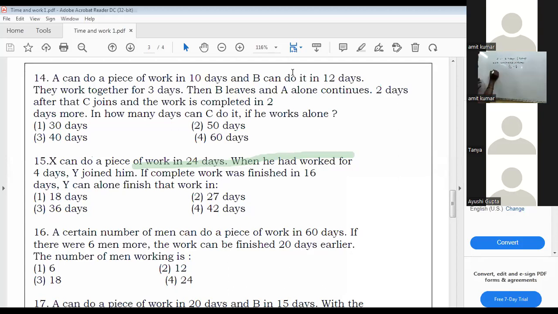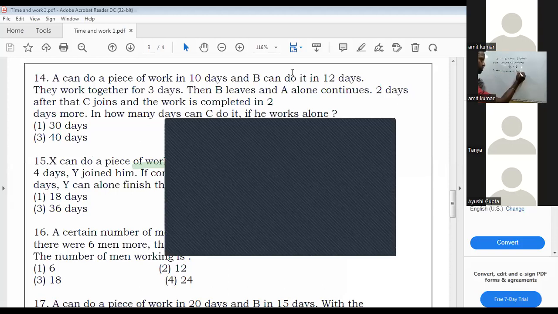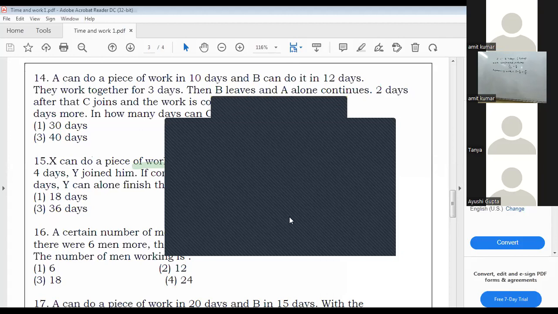The remaining work will always be 1 minus 1 by 6, that is 5 by 6. Now Y joined him, and the whole work was completed in 16 days. So 16 minus 4, that is 12 days, they both are working together.